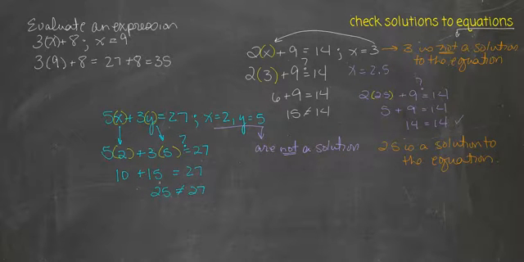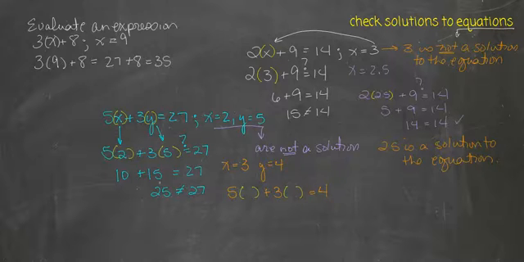So let's try one more real quick. Let's try x equals 3 and y equals 4. So 5 times, I'm going to plug in there, plus 3 times, I'm going to plug in here.